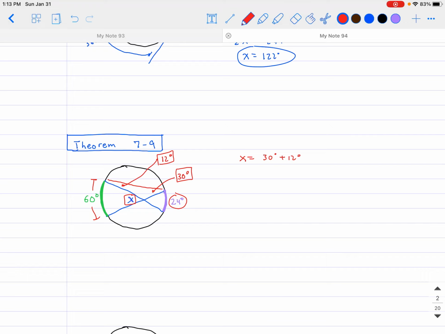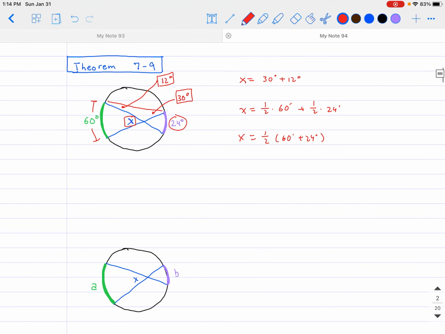Now, in comparison to the numerical values at the very beginning, that 30 is because it's 1/2 of the other arc. And then that 12 is because it's 1/2 of the other measurement of the arc. So now you can kind of see where I'm trying to come up with a formula, so that way we can actually conclude how to solve for it every single time.